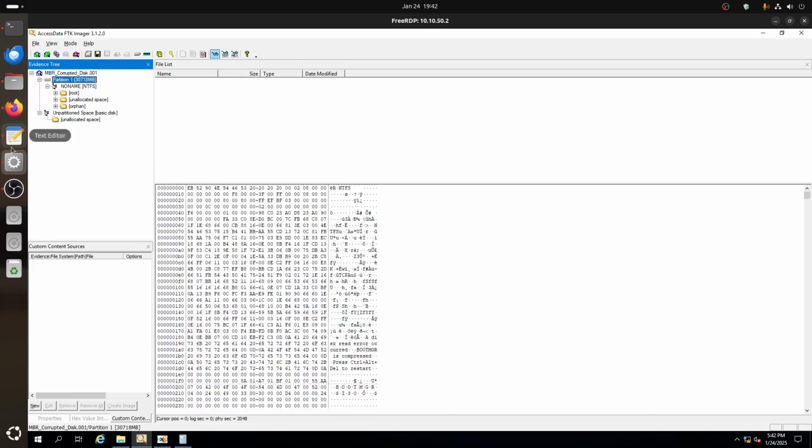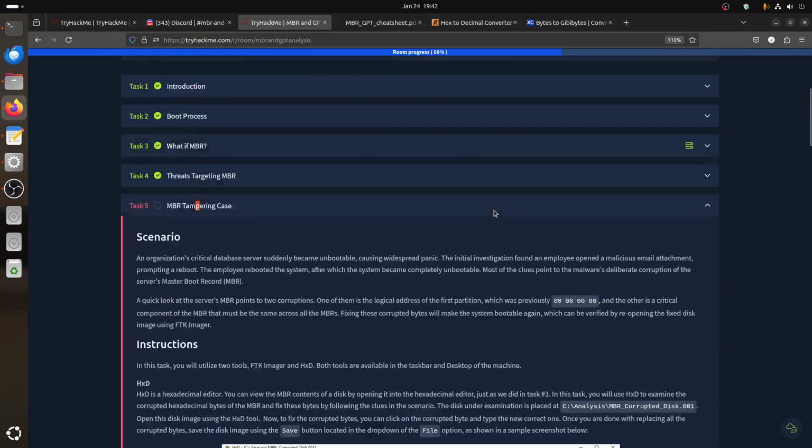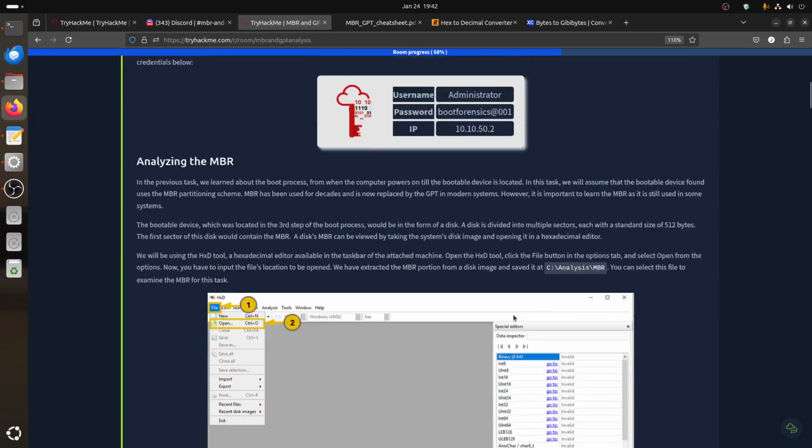Guys, I don't know why I'm getting it wrong. This is the corrupt one. We fixed it with 08, so we can open it fine, but the calculation is not working for me. Let's go back again.